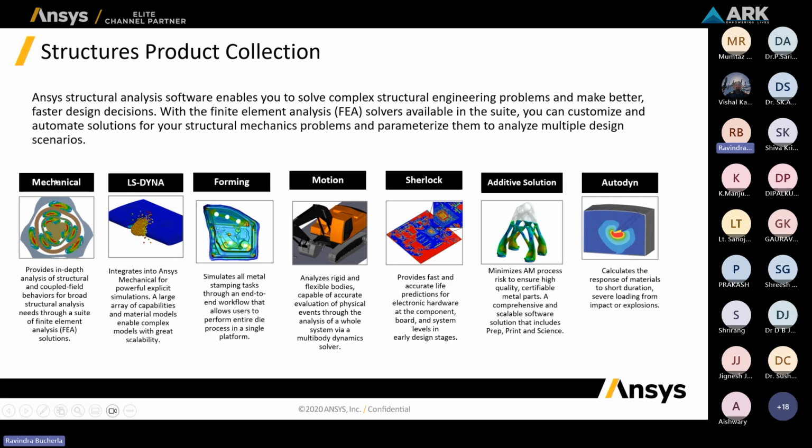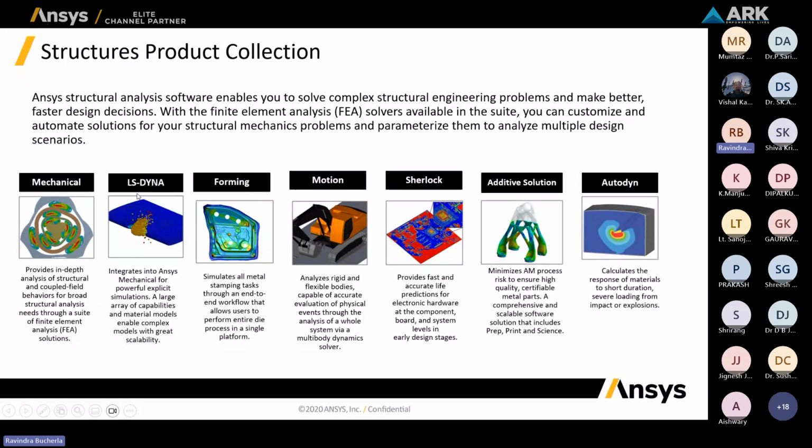So let's start with Ansys Mechanical, which is a flagship solver for structures which has the capabilities to solve the problems related to static analysis and linear dynamic analysis, and also it has the capabilities to solve thermal related problems as well, and fracture mechanics, fatigue analysis. So this kind of problems majorly we will solve by using Ansys Mechanical.